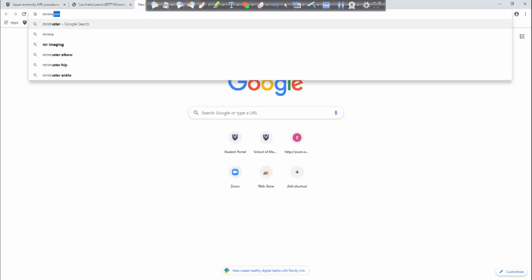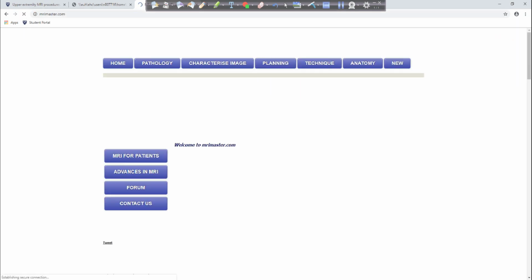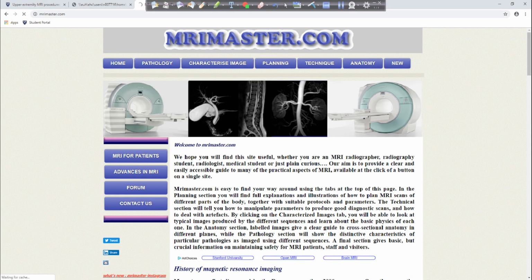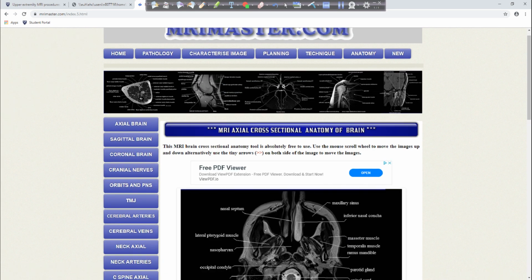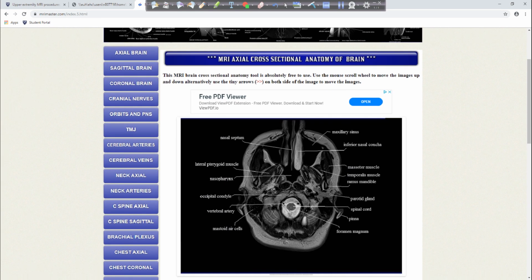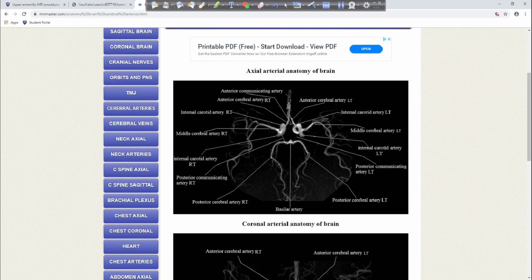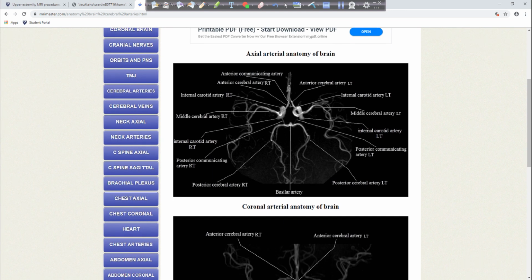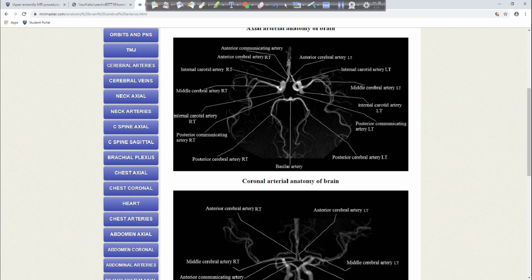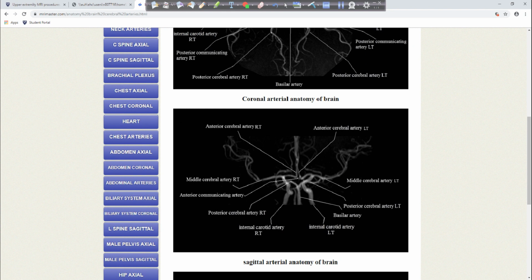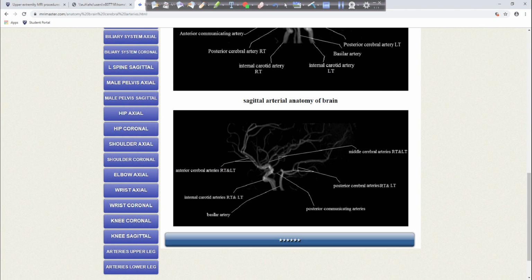So if you guys go to MRAmaster.com, great website for anatomy. You guys probably use this in cross-sectional. Here is your axial, anterior, posterior. Here's your coronal, and here's your sagittal.